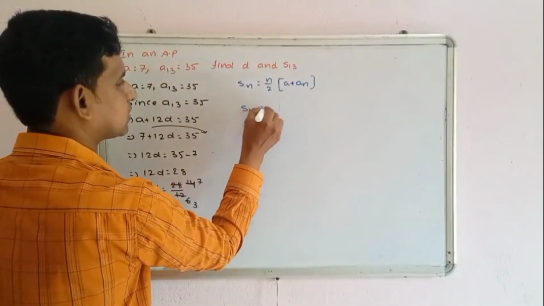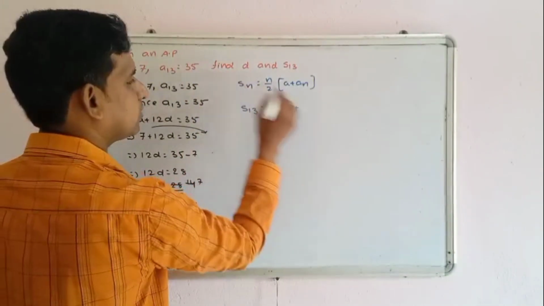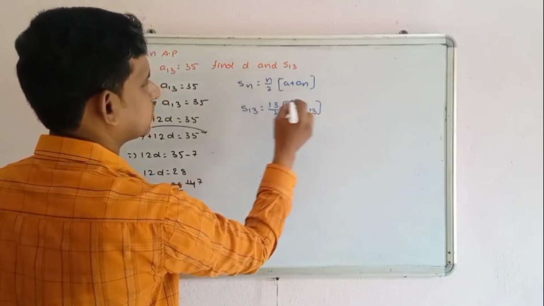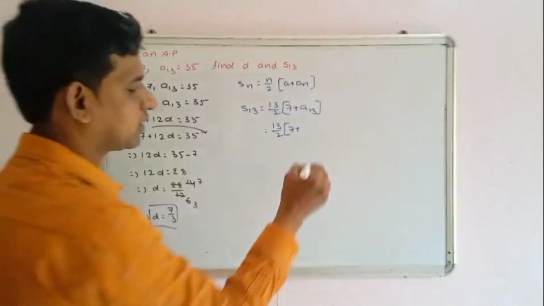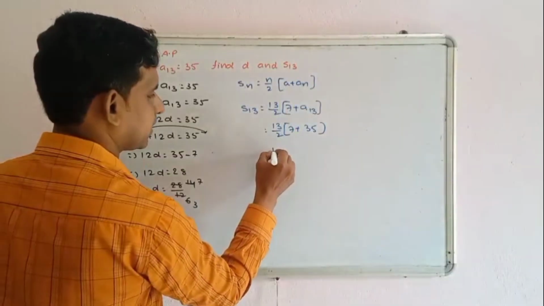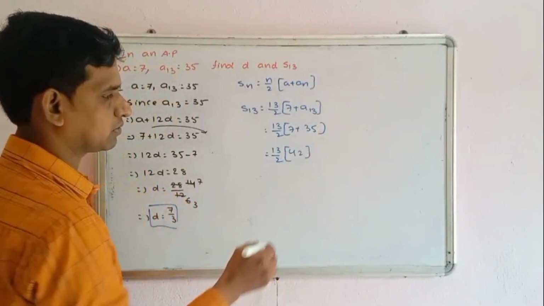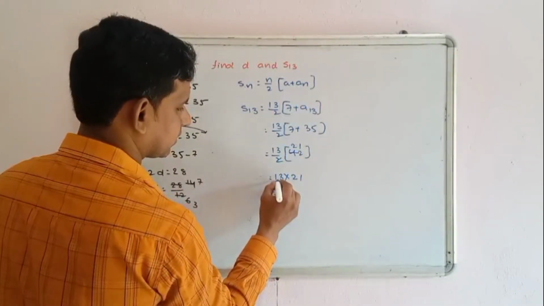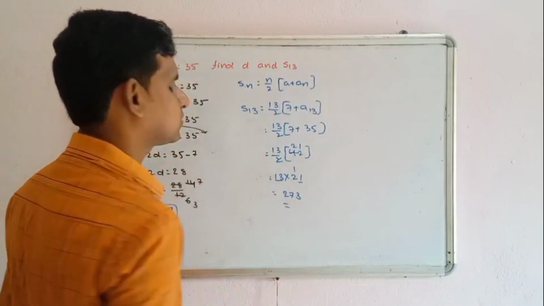So S13 equals 13 by 2 into (A value 7 plus An value, A13, 35). 7 plus 35 is 42. 2 how many times? 21 times. So 13 times 21. 13 1s are 13, 13 2s are 26, 26 plus 1 is 27. So S13 value is 273.